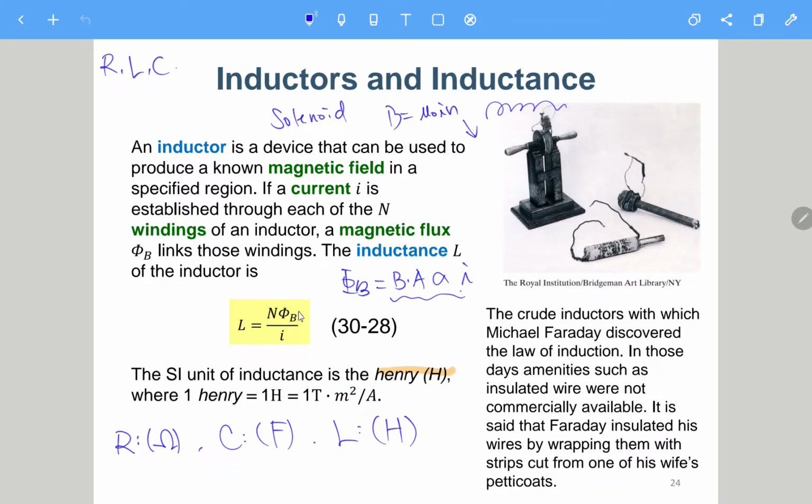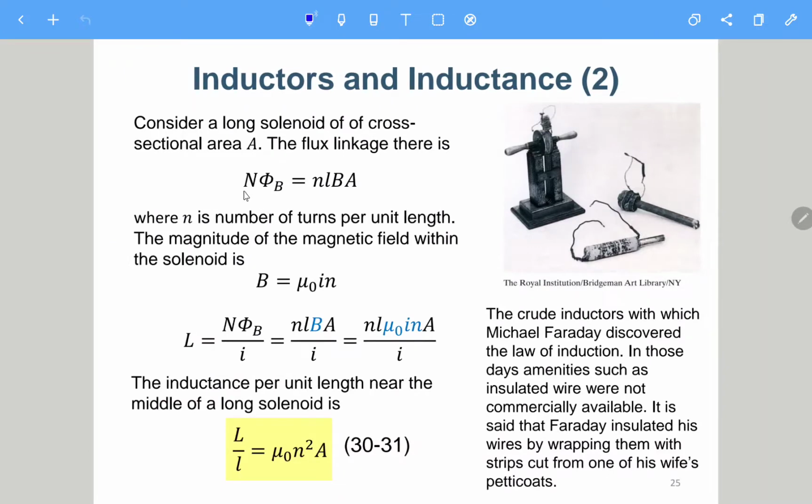Okay, so next, suppose we have this one, because for this equation we have N phi B in the denominator. So let's take it out. N phi B: n is the number of turns per unit length, and l is the length of the inductor, so it is small n times small l.